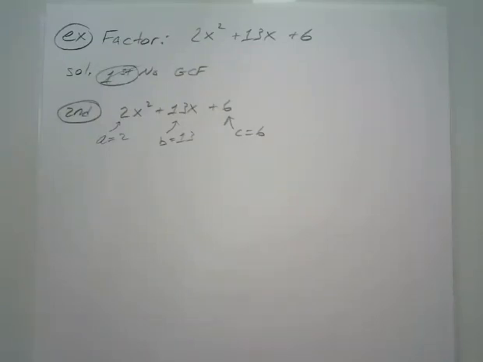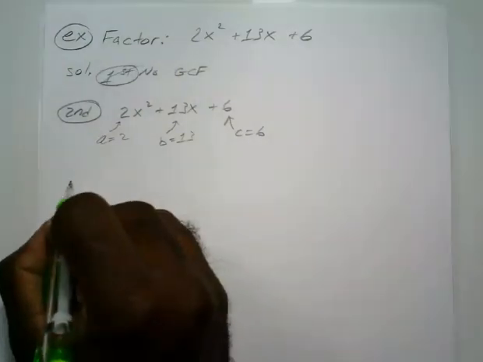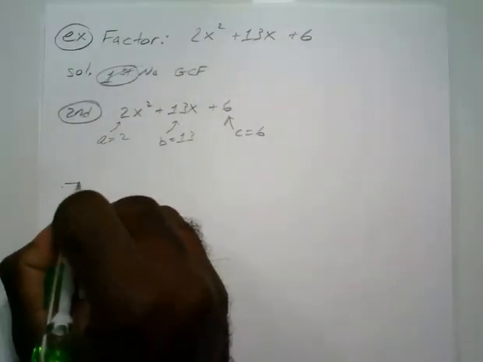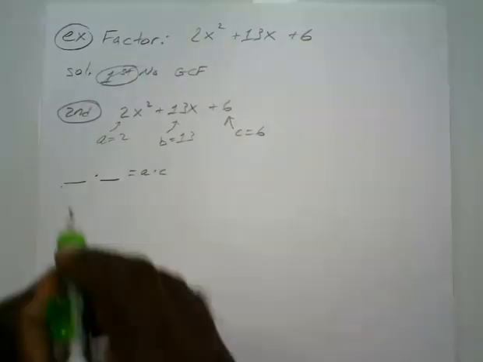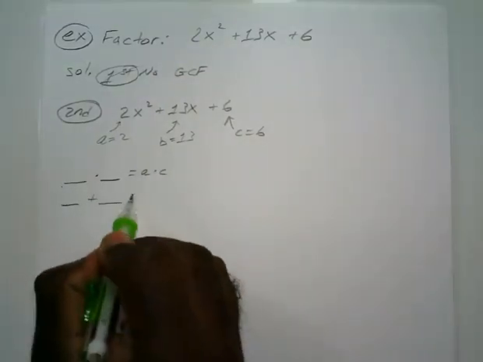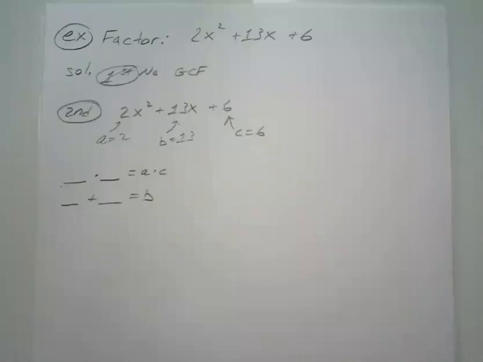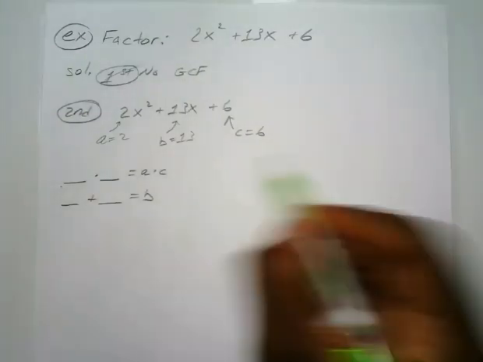So again we have to find two numbers that multiply to equal a times c, and those same two numbers add to equal b, which means we have to find our a times c first.